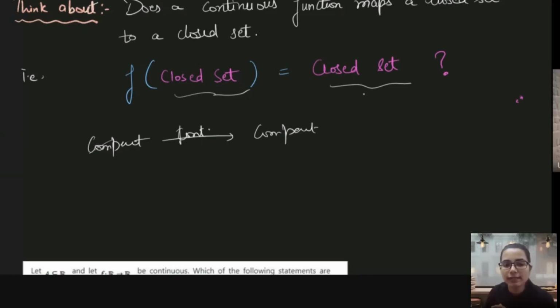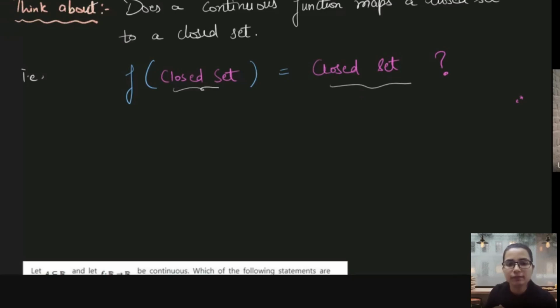Think about counterexamples or think about some proofs that you can get. Someone is saying no. Okay, let's wait for some seconds. If anybody tries to think and gets some idea. Okay, who said no?